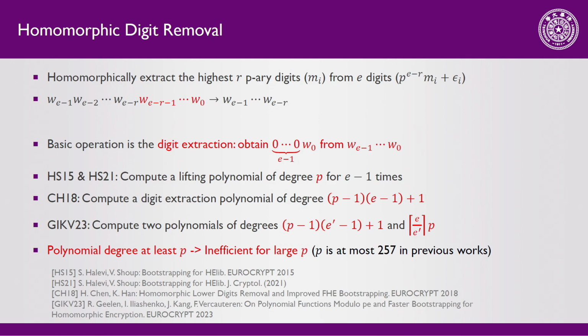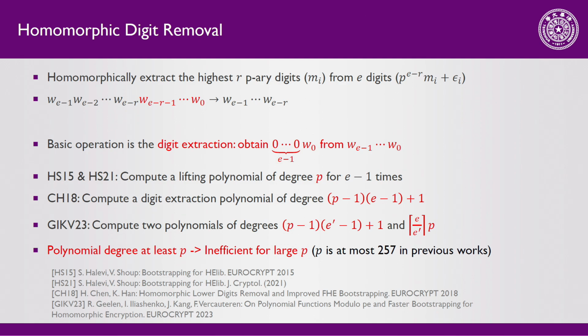And it is an iterative process, and the basic operation in it is called digit extraction, which keeps the lowest p^i digits and sets all the other digits to 0. There have been numerous studies on improving the efficiency of this basic operation. For example, in HS15 and HS21, they compute a lifting polynomial of degree p repeatedly e minus 1 times.